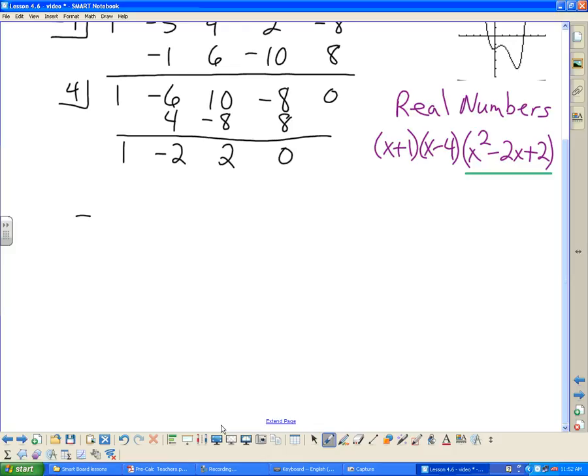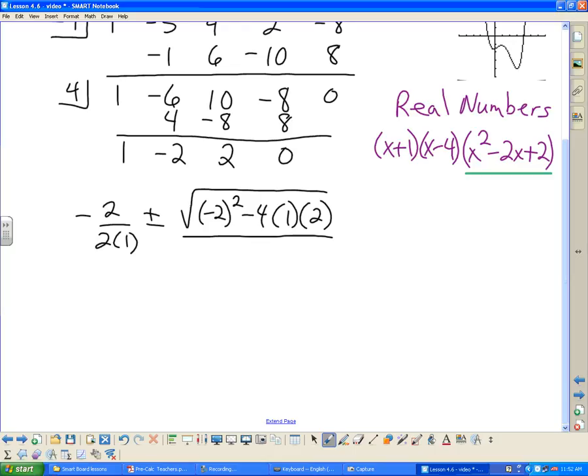So we have -(-2) over 2 times 1 plus or minus the square root of (-2) squared minus 4 times 1 times 2, over 2 times 1. So we'll simplify this. We get 2 plus or minus, in the numerator, the square root of 4 minus 8, which is -4, over 2.